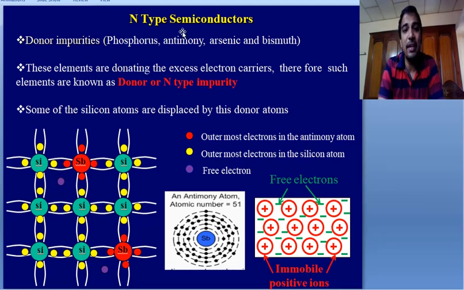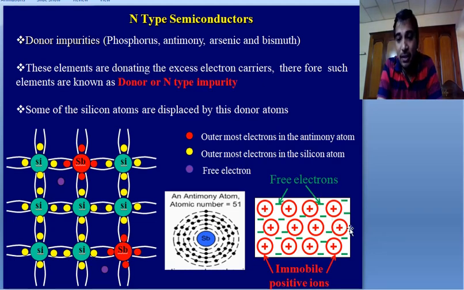So in N-type semiconductors we are reaching the required level of charge carrier concentration by adding a sufficient number of donor impurities. Every antimony atom is making one free electron, which means we can increase the conductivity and decrease the resistivity.